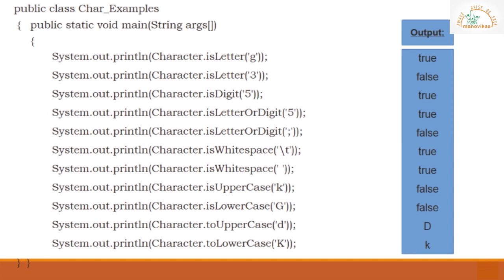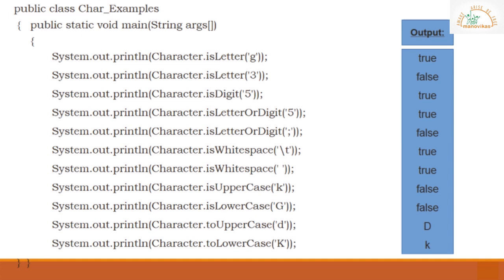A semicolon doesn't belong to a letter. Also it doesn't belong to a digit. But it is a character. Though it is a character, since it doesn't satisfy the condition of isLetterOrDigit, the output will be false.